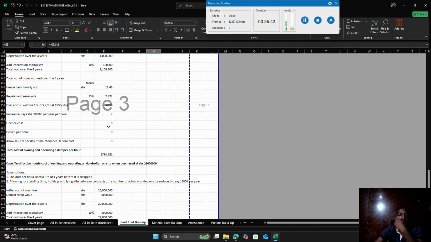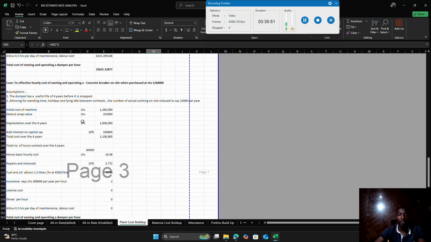So that is it about rate analysis for resources: plant, labor, and machinery. When we meet again, we shall be able to build up rates for different work packages.